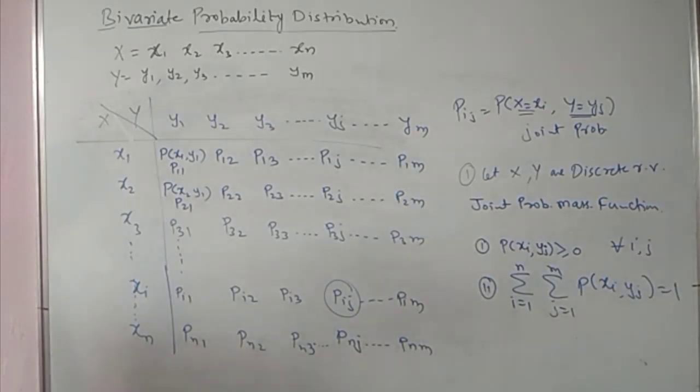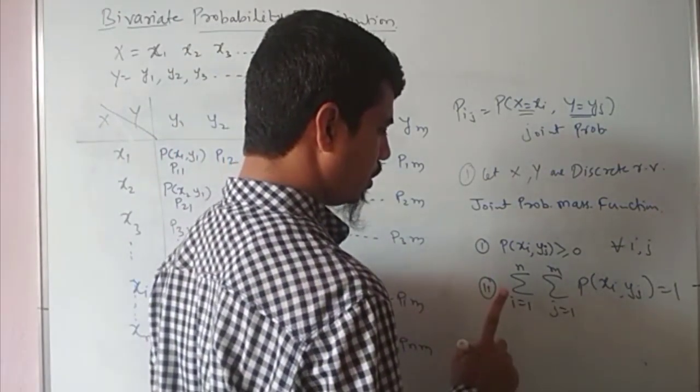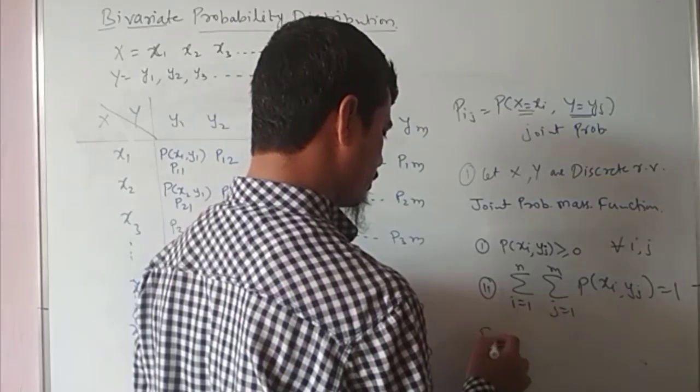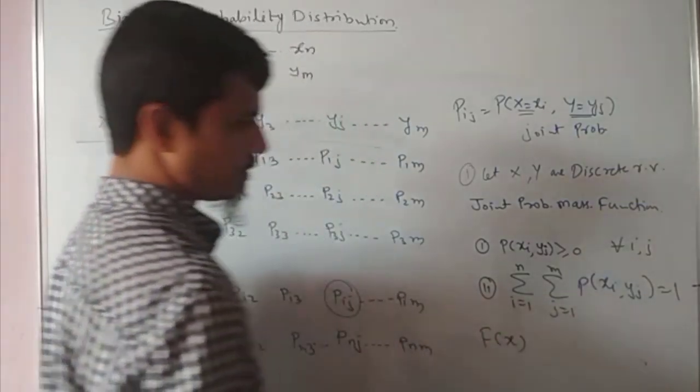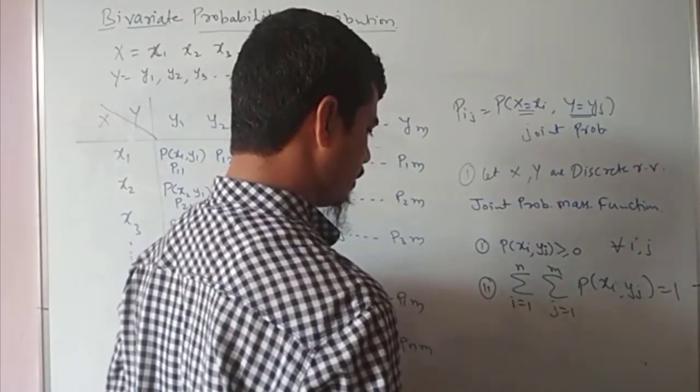Then after that, we discuss the probability distribution. Recall, what is the probability distribution? In the single case, when capital X is only one random variable, the probability distribution is given by f of x, the distribution function.